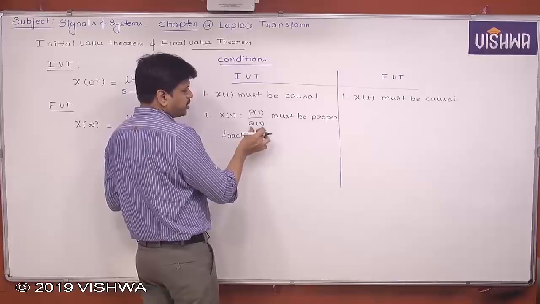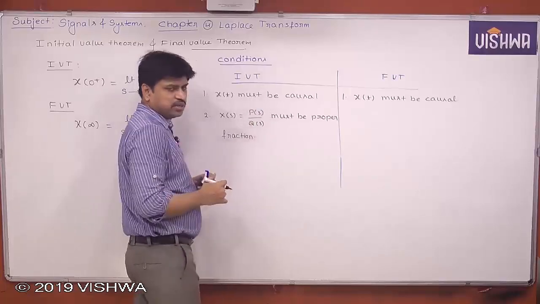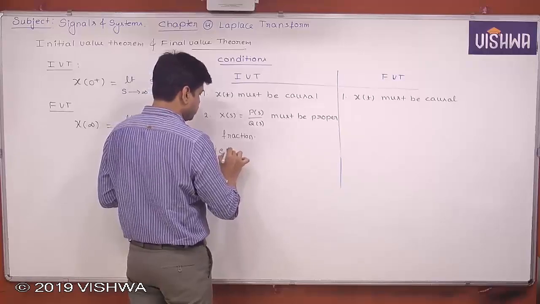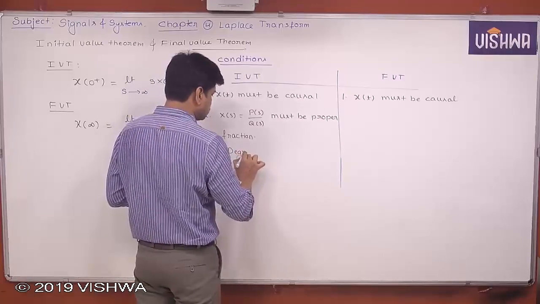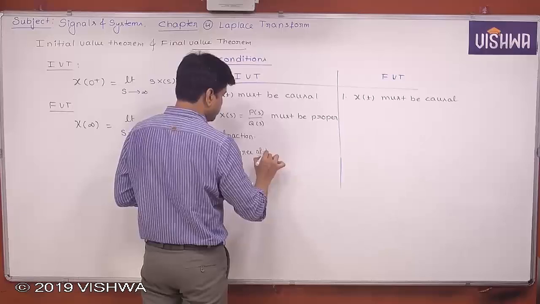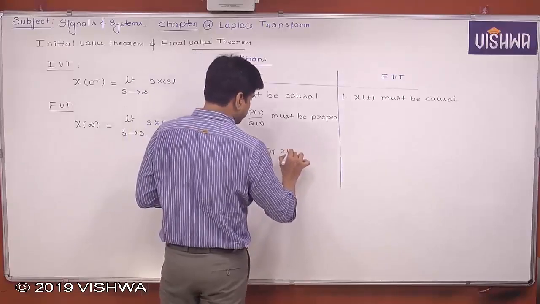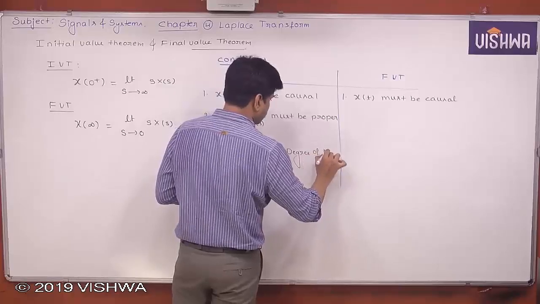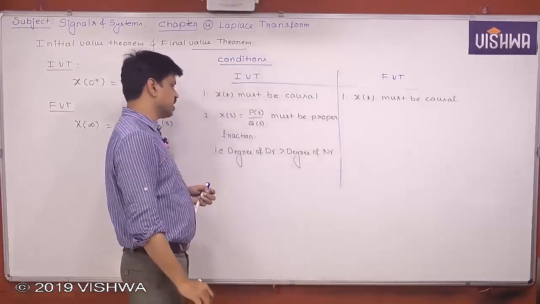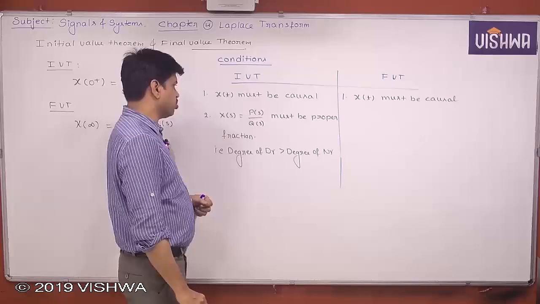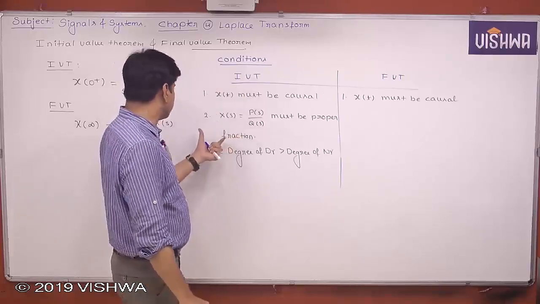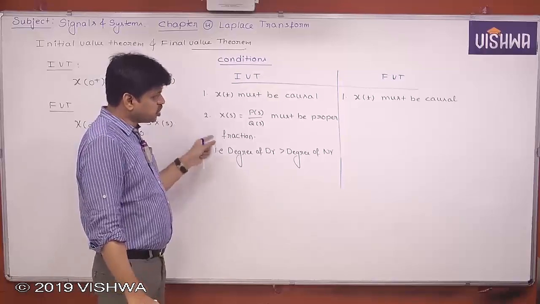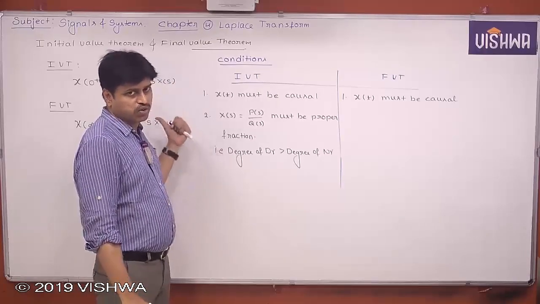The degree of the denominator must be greater than the degree of the numerator. If this condition is satisfied, then we can call it a proper fraction. So to apply the initial value theorem, that means to apply these formulas, we must check these two conditions. Only if both are satisfied can we apply it.